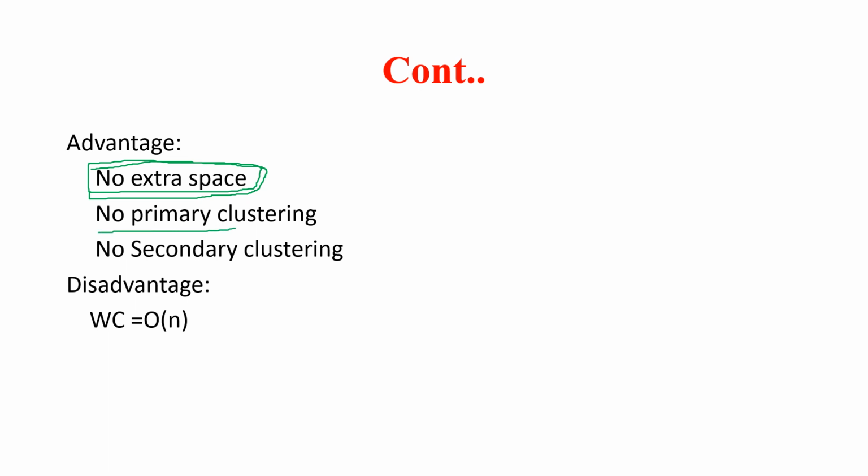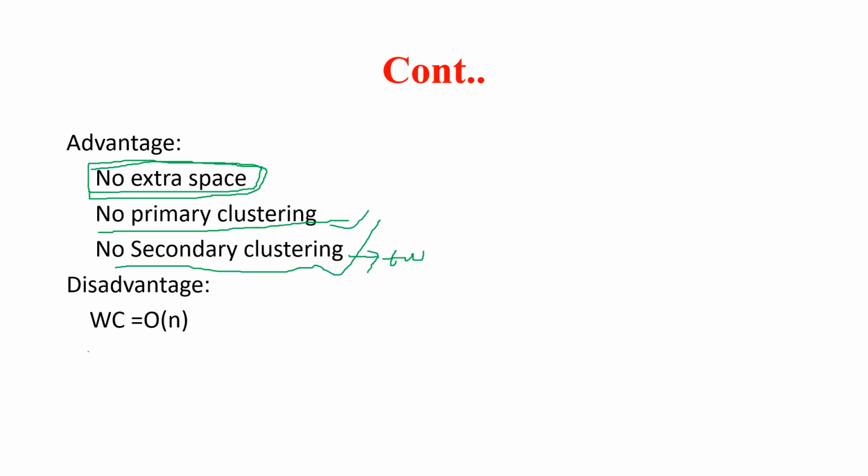In double hashing, the primary clustering problem is also resolved, and the secondary clustering problem is also resolved because of the second hash function. Since you are using two hash functions, that helps reduce the secondary clustering problem.